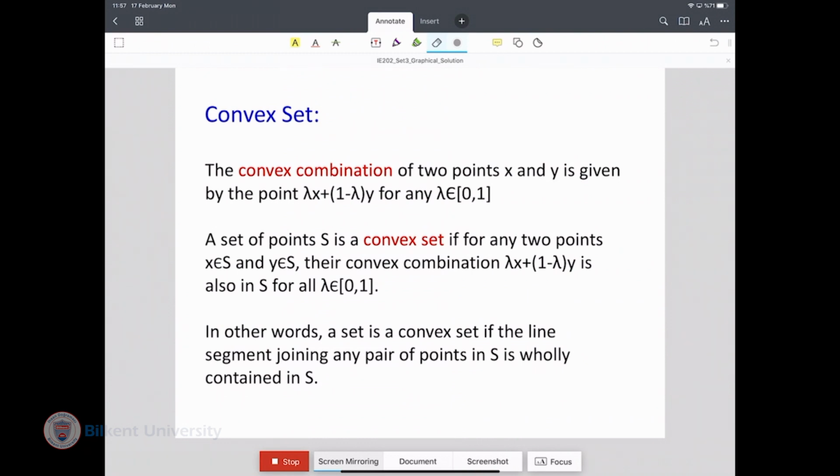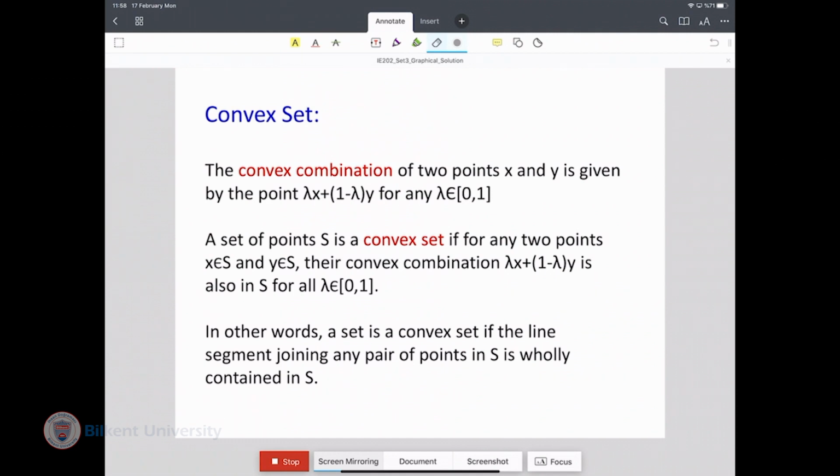It is by using convexity. First I'll define a convex set, and for that I need a definition of a convex combination. A convex combination of 2 points is actually the line joining them. That's what we did in the alternative solution. So you are given an x and a y.